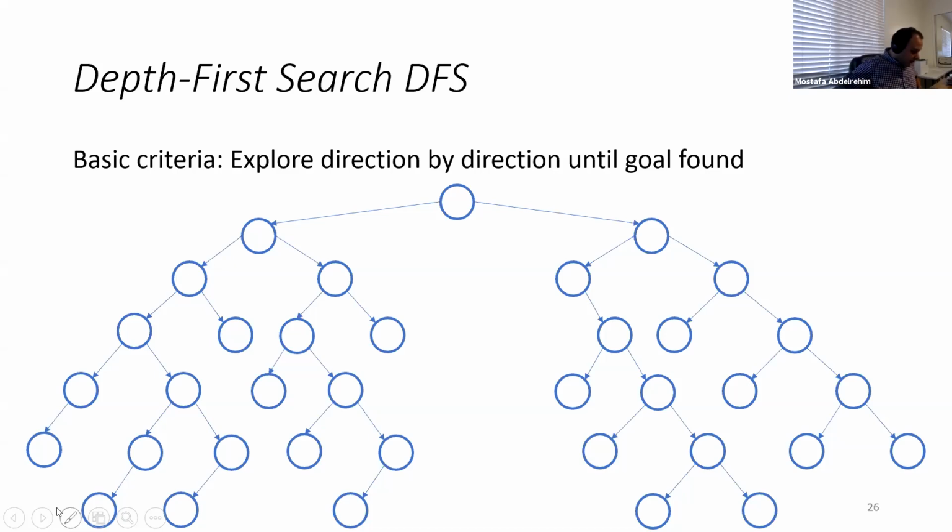Okay, let's get started. The last thing we stopped at last lecture was breadth first search. Now we're going to start with another search algorithm, which is depth first search.